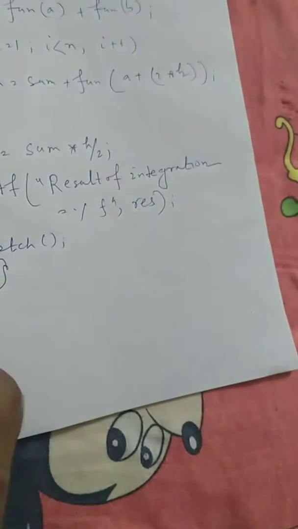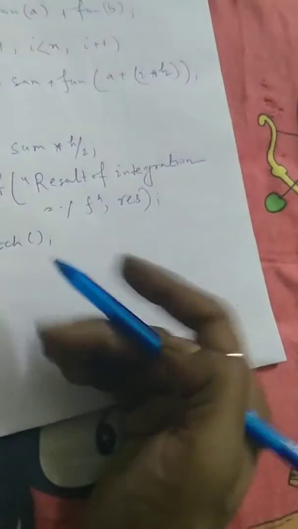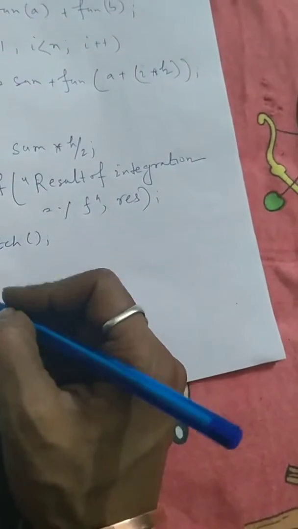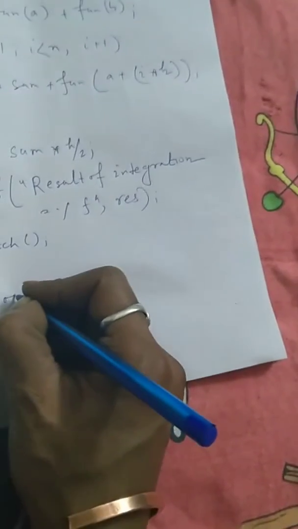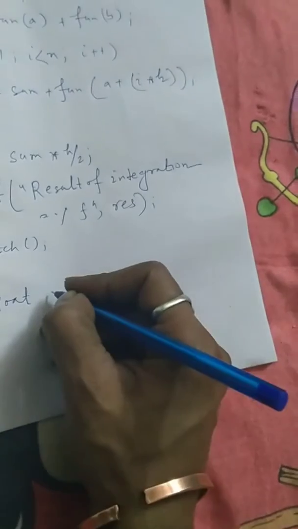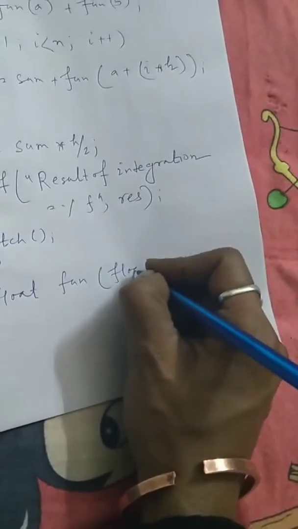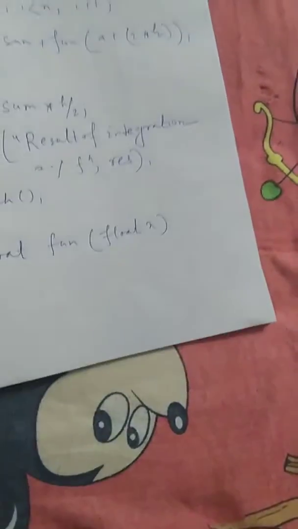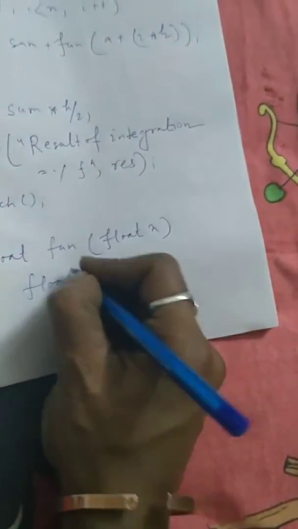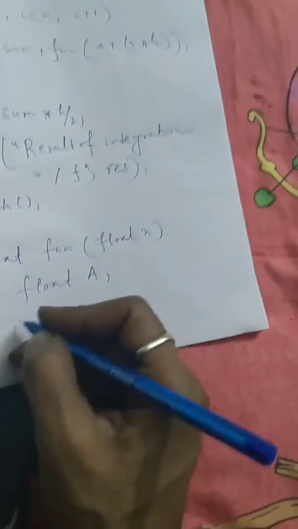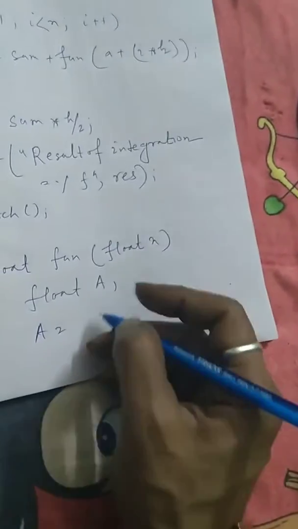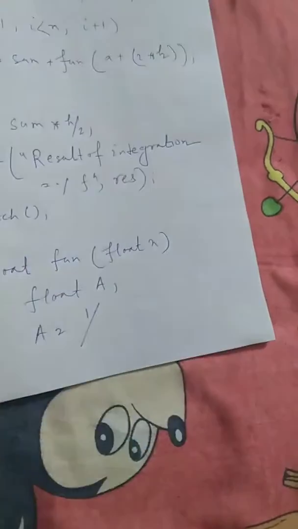And now we are writing the main function. That means here the function 1 by 1 plus x square, that means the float type function of float x, and float of capital A we are taking, and we are defining here a equals to the function.